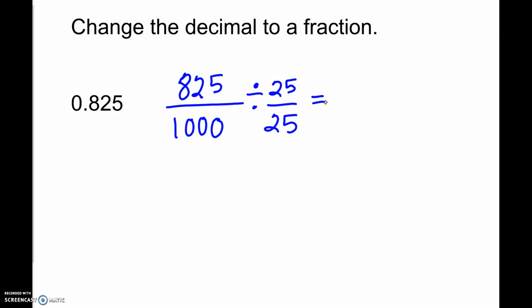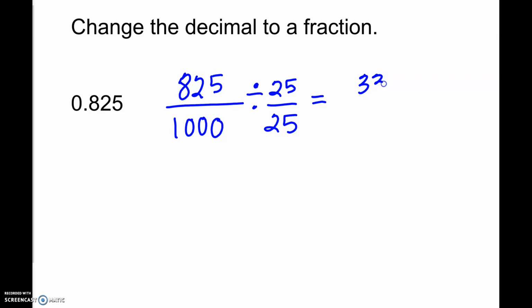So what we're doing here is dividing by 25 over 25, and I'm kind of just thinking of some money here. So $8.25, let's see, how many quarters would it take to make $1? Well, that's 4, and $2 would be 8 quarters. 3 is going to be 12, 4 is 16, 5, and so on. So if we're going to get $8, 8 times 4 is going to be 32, but we need that extra one to get to $8.25.